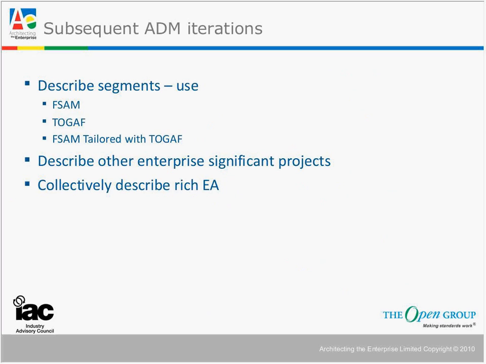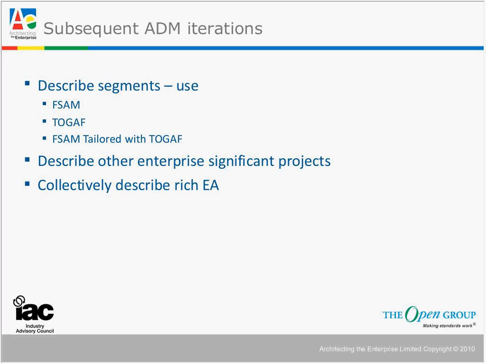So subsequent ADM iterations, after you've defined that wide, inch-deep strategic architecture, you can describe segments. Do that. You've got FSAM, which is the Federal Segment Architecture Methodology.